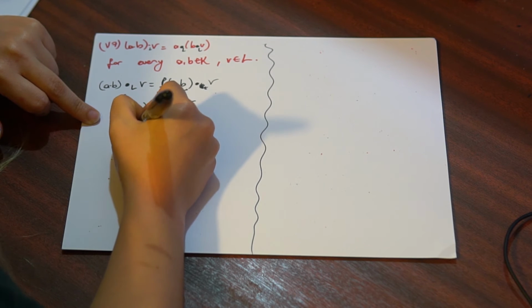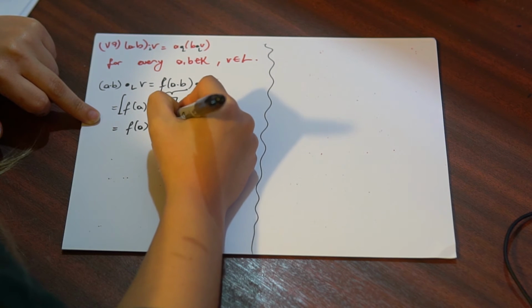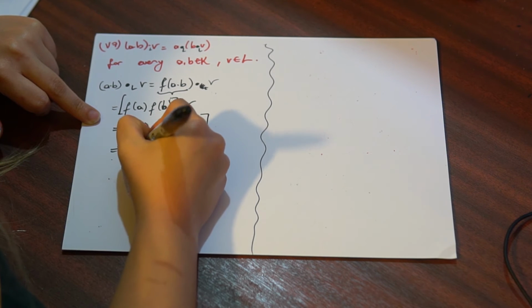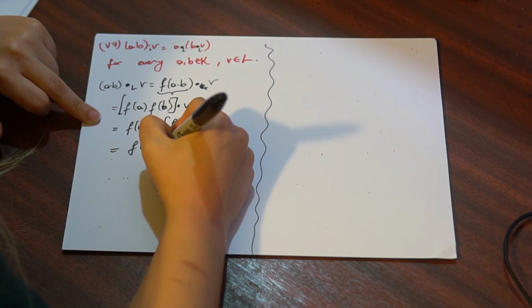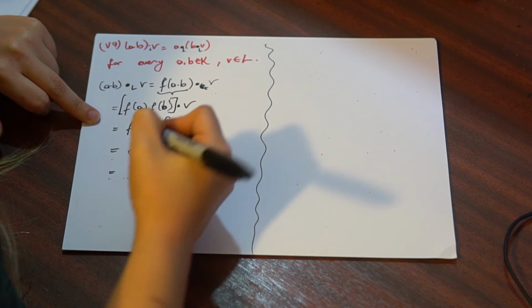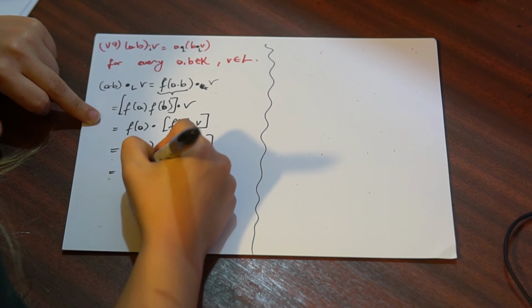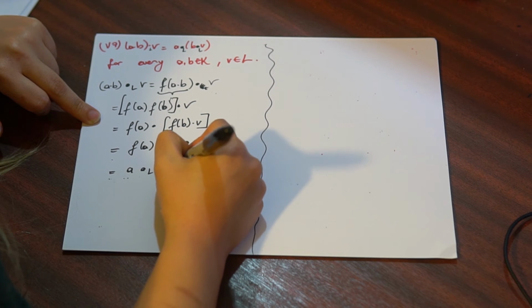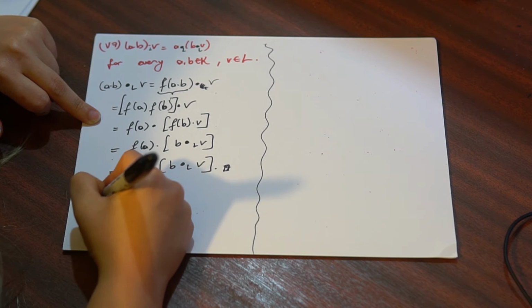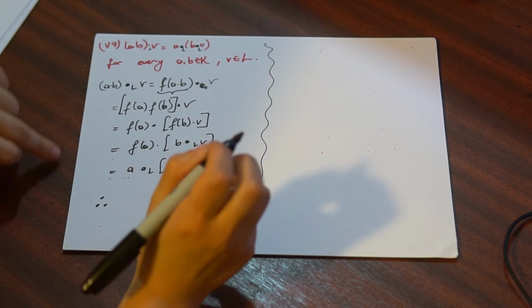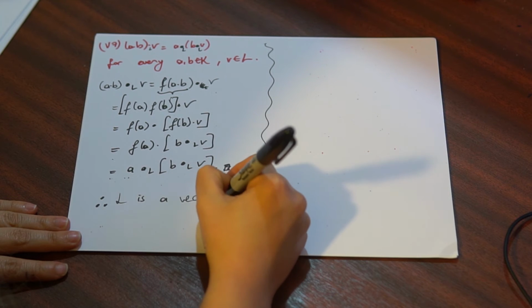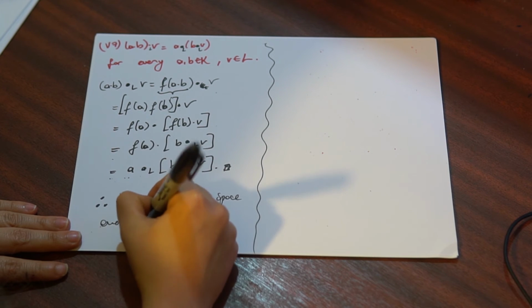So this is equal to f of a times (b times v), and this is equal to a times (b times v). So therefore, L is a vector space over K.